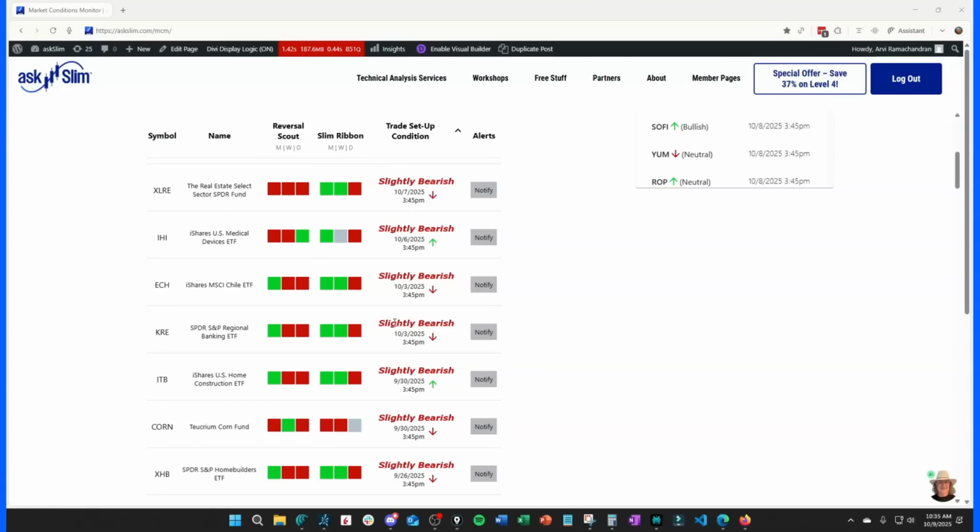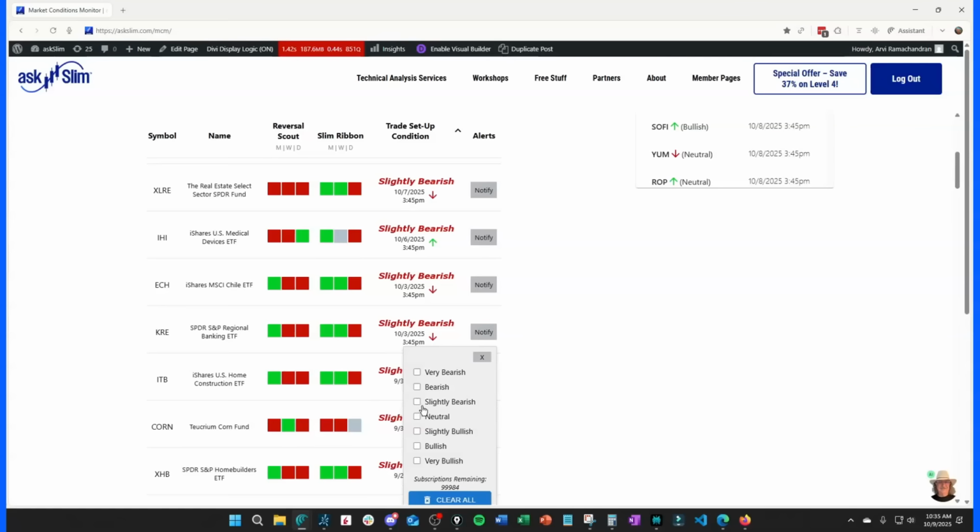Now, obviously it is super hard to keep track of what's going on across different markets, but that's where the askSlim MCM can help you, right? You can actually be notified of changes in bias. And what I have always said and what I find most helpful is to track for shifts, meaning when it goes from neutral to slightly bearish or from neutral to slightly bullish.